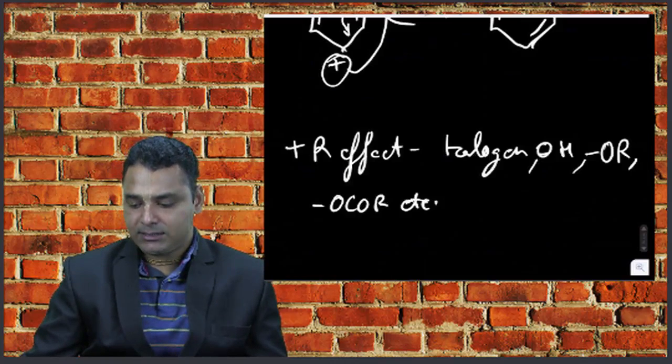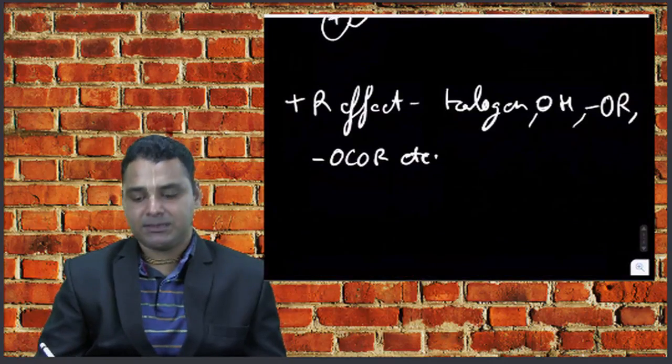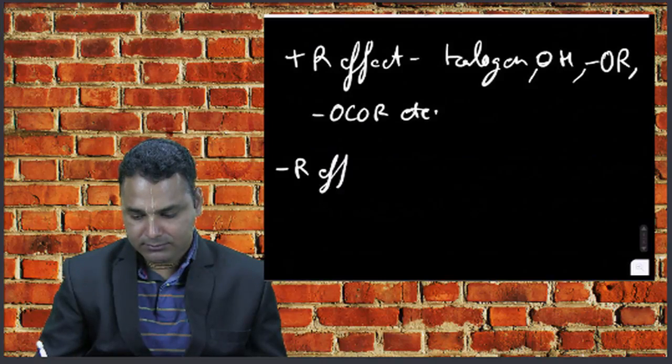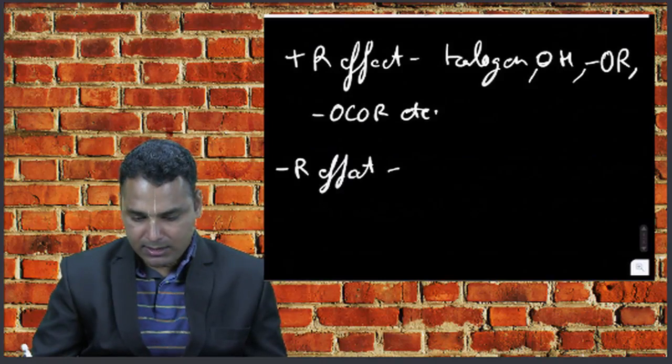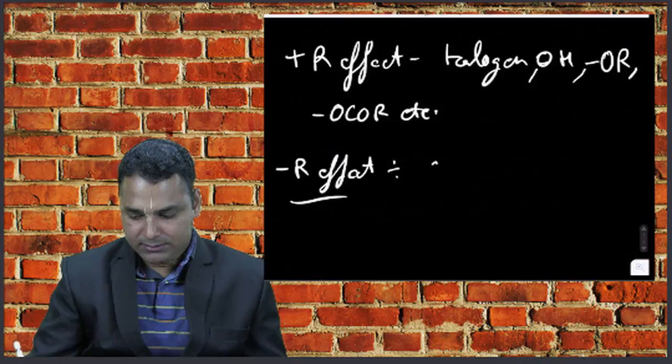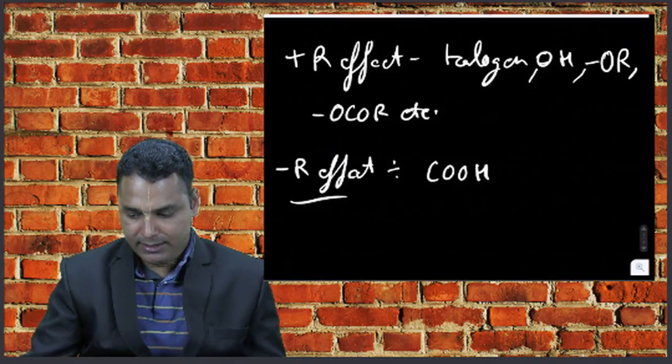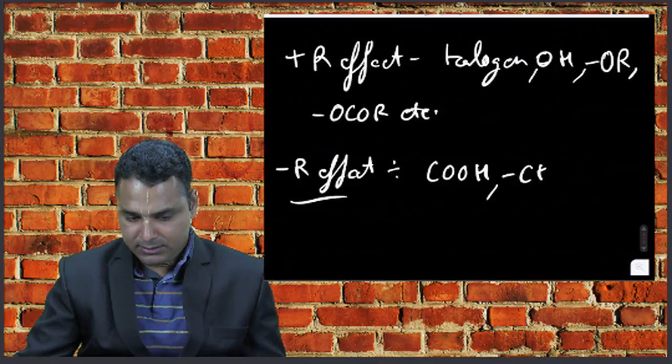We will see just some of the substituent groups. Now who shows minus R effect? Some are carboxylic acid, aldehydes, and carbon-oxygen bond, etc.